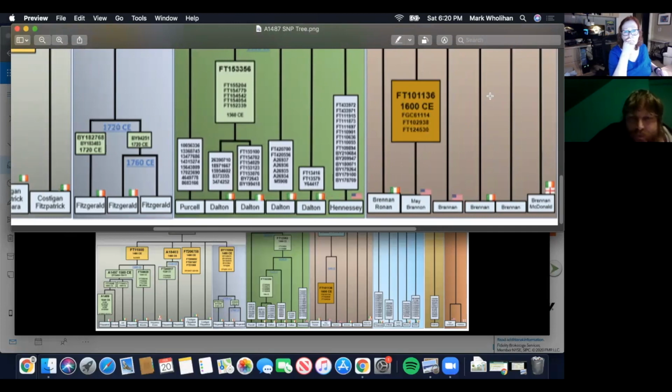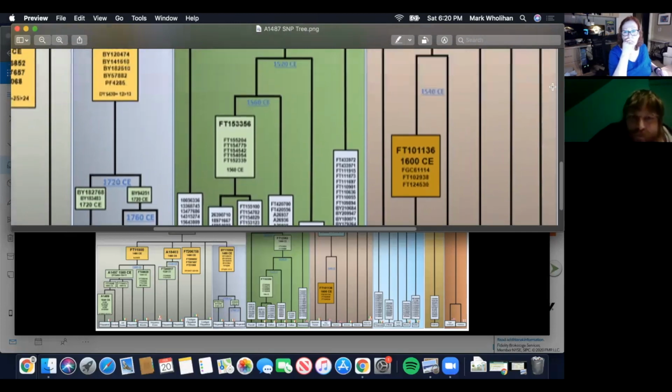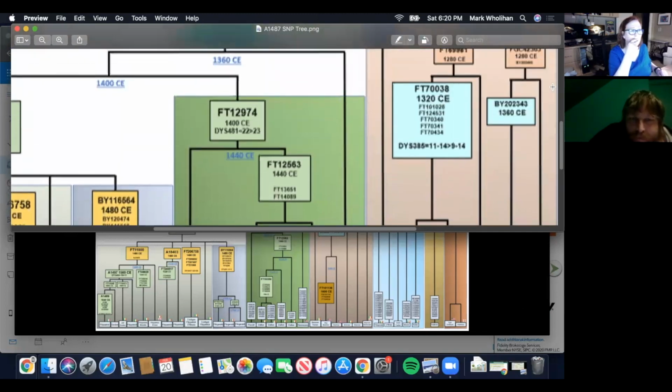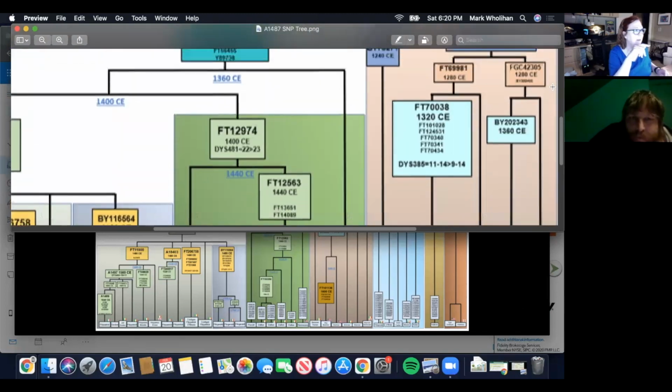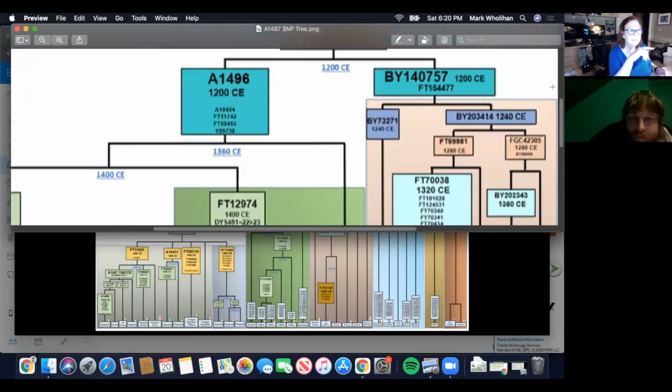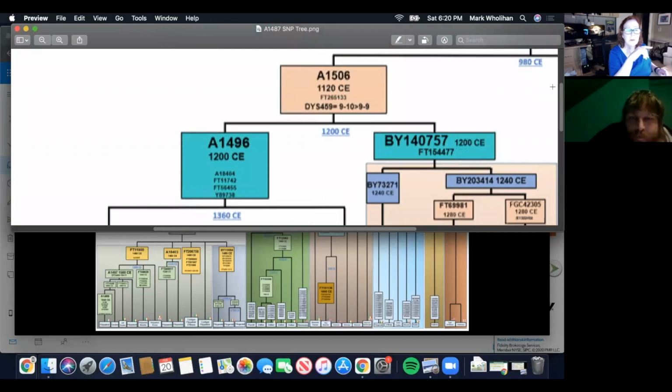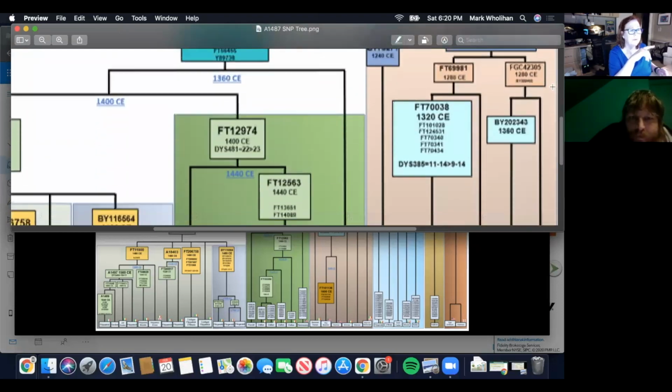They did a nice job here. It's kind of hard to see the detail when it's zoomed in. I think I got it off their group page on Family Tree DNA.